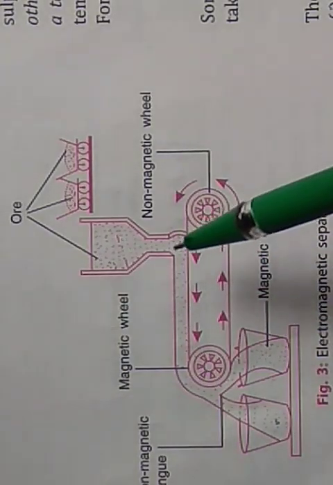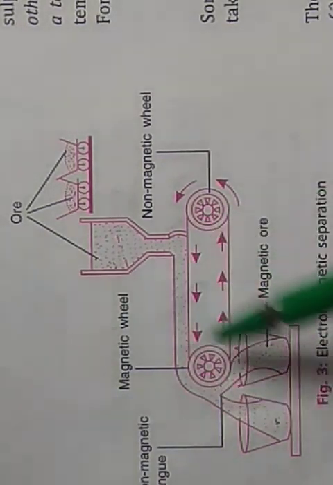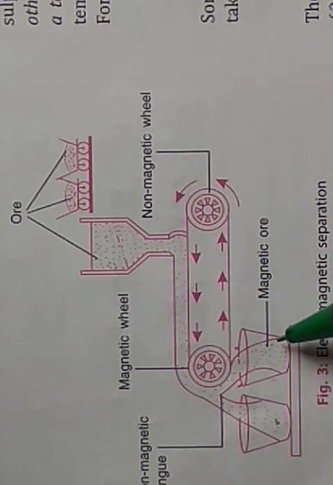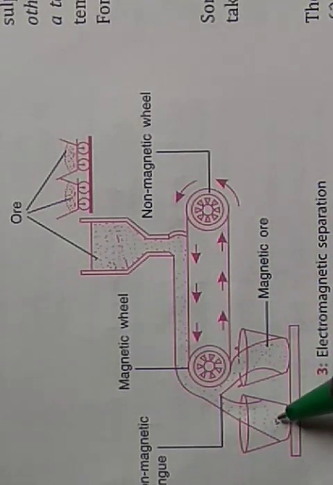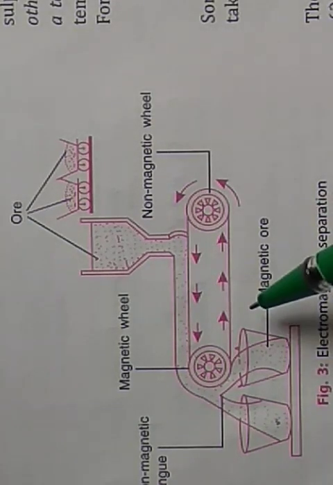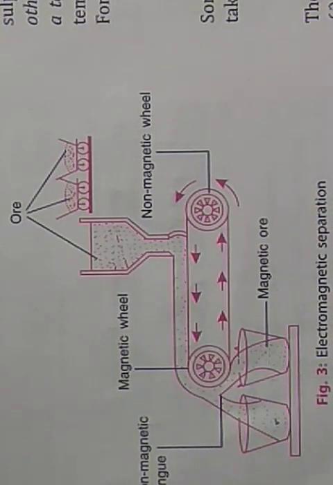So through magnetic separation we can separate the magnetic ores from their non-magnetic gangue.